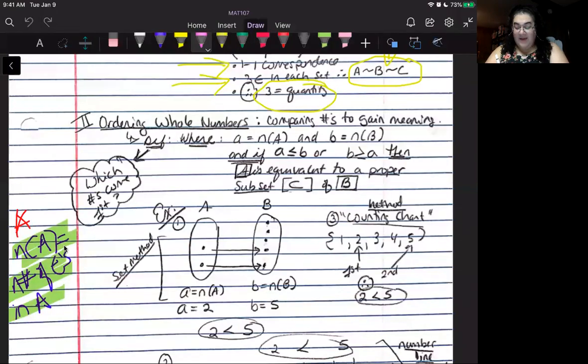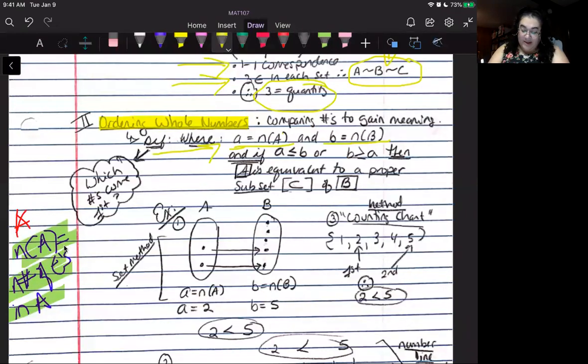So if we look at the definition of ordering numbers, right here, ordering whole numbers, the process of ordering whole numbers is defined where lowercase a is equal to the number of elements in set A, and lowercase b is equal to the number of elements in set B.